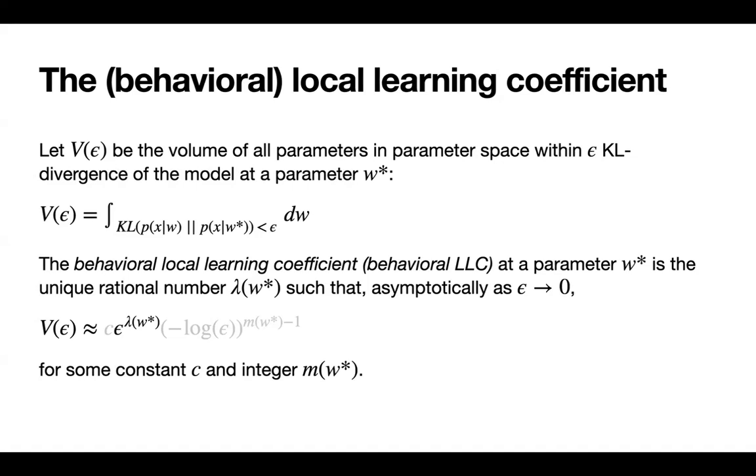There are some low order terms. You'll see this logarithmic term that I've grayed out. These are less important for the intuition and I'll be doing various things to basically ignore that term. But just think of it as epsilon to the lambda.